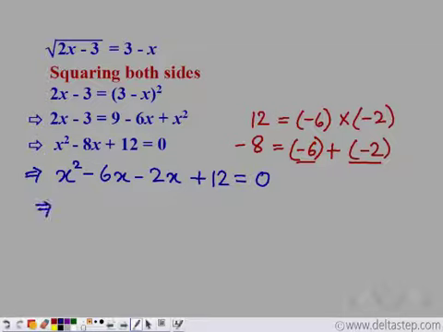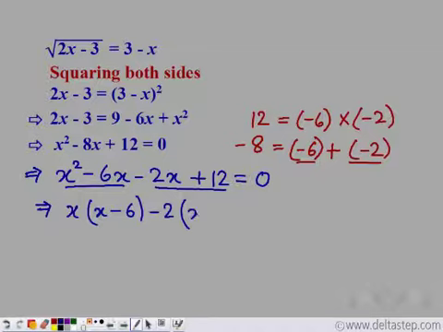Now, from the first two terms, what do we have in common? We have x in common. So we take x common and we are left with x minus 6. From the last two terms, we take negative 2 common. So take negative 2 common and we have x minus 6 here.